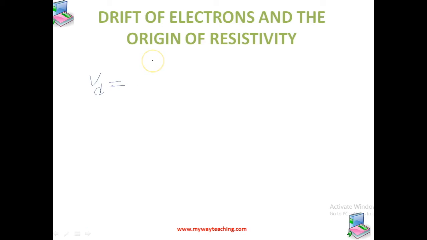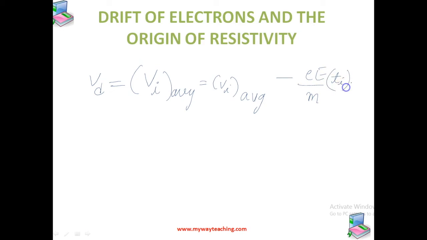Vd is equal to Vi average minus eE by m Ti average.